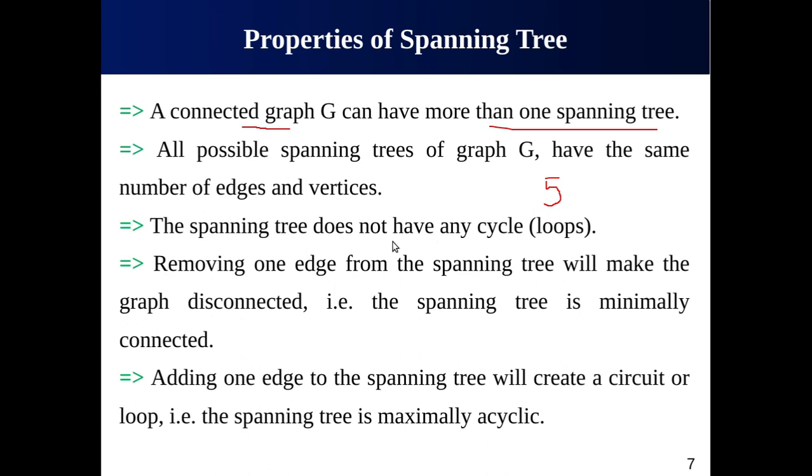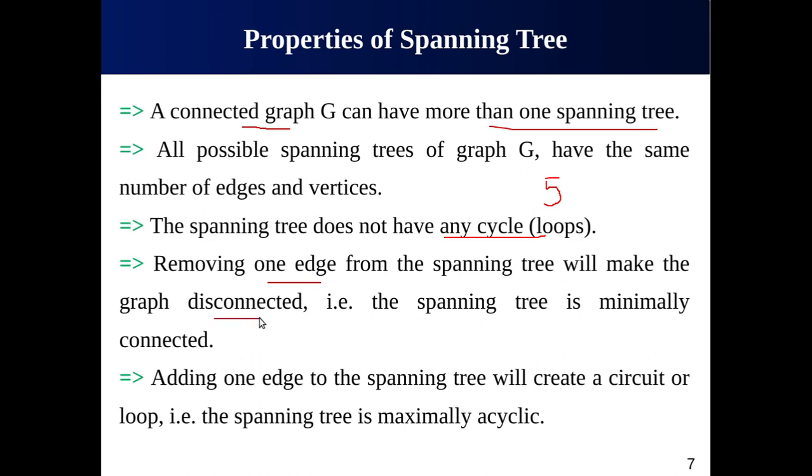Another property is that no cycle or loop is allowed inside a spanning tree. And we will see in a moment that we will try to avoid making a cycle or loop inside the spanning tree. Similarly, if you remove any single edge from the spanning tree, it will make the graph disconnected.